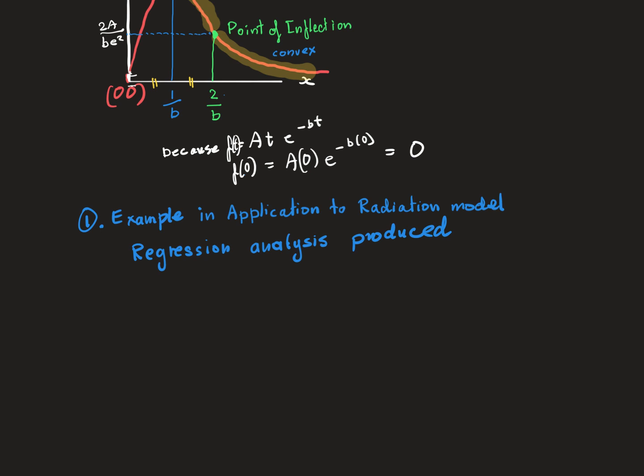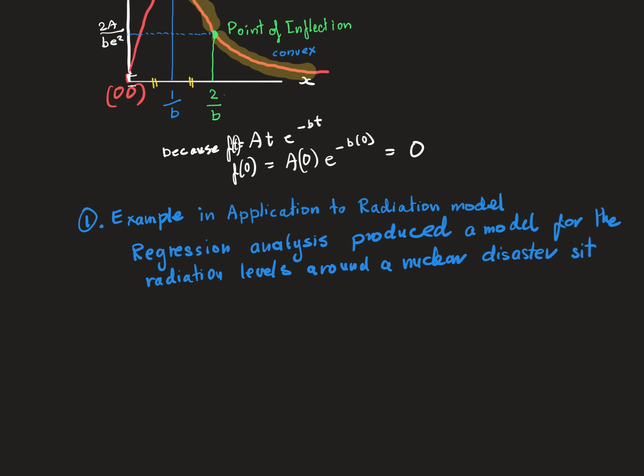So regression analysis produced a model for the radiation levels around a nuclear disaster site.